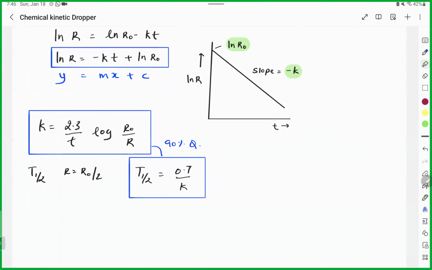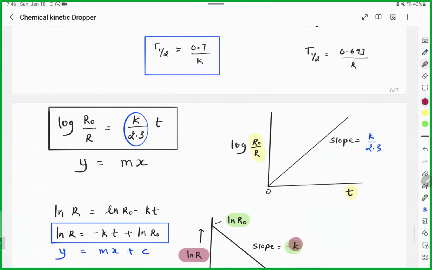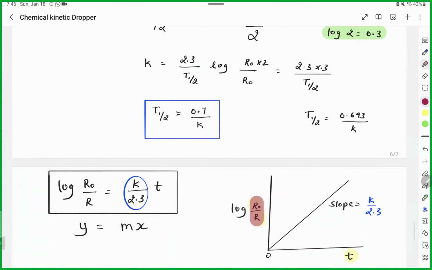If you have natural log R and T, then your slope is minus k. But if you take log R naught by R and T, then your slope value is different. So values will differ depending upon the graph, what your y-axis and x-axis are. Got it?